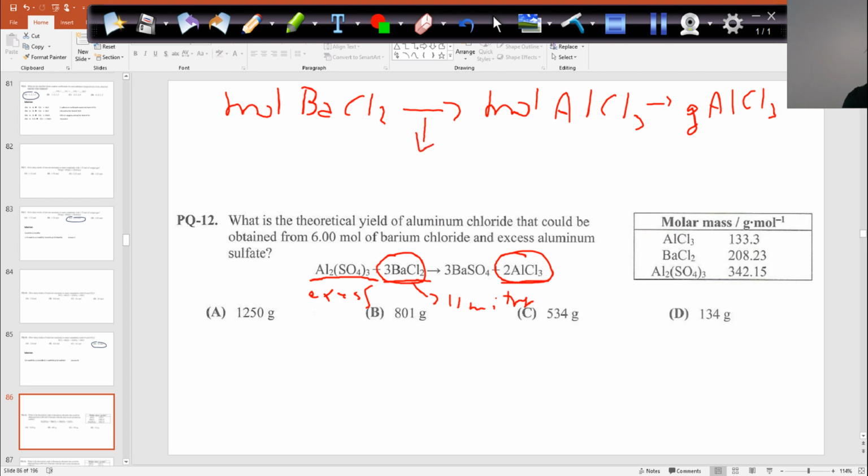To go from moles of barium chloride to moles of aluminum chloride, I have this 3-to-2 ratio. The balanced chemical equation tells us that each 3 moles of barium chloride will yield 2 moles of aluminum chloride.